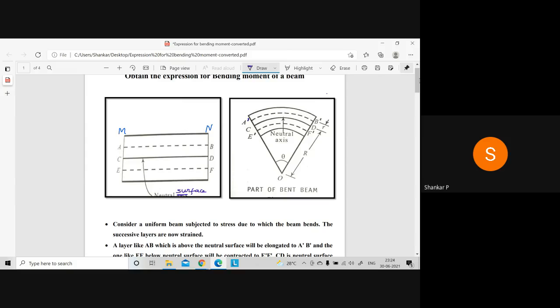The layer below CD, that is EF, will undergo contraction to E dash F dash. So it has undergone contraction, whereas A dash B dash has undergone elongation, and CD remains unchanged, and that is called a neutral surface.